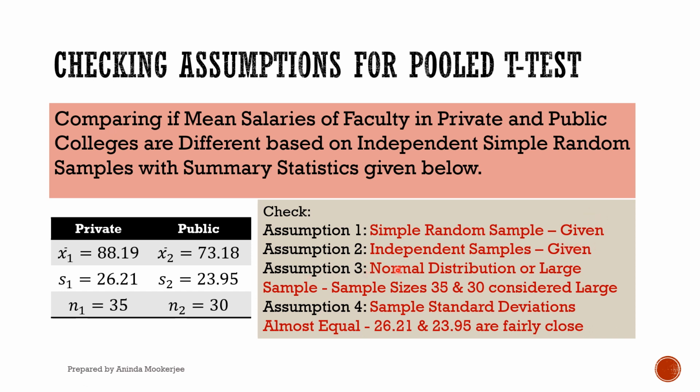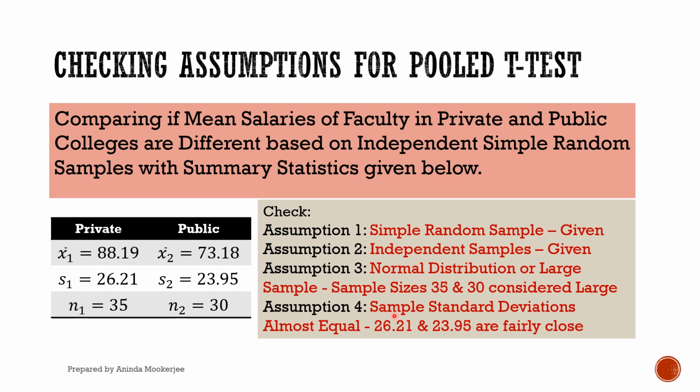Assumption 3, it either has to be stated to be a normal distribution, again in the question itself, or if that is not given, then check the sample sizes. If the sample sizes are greater than or equal to 30, then it'll be considered a large sample and you can go ahead and use the procedure.